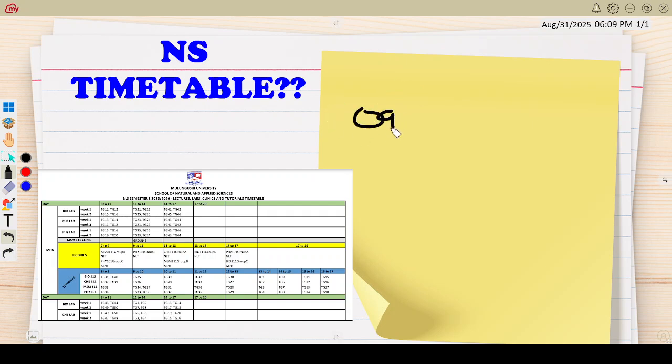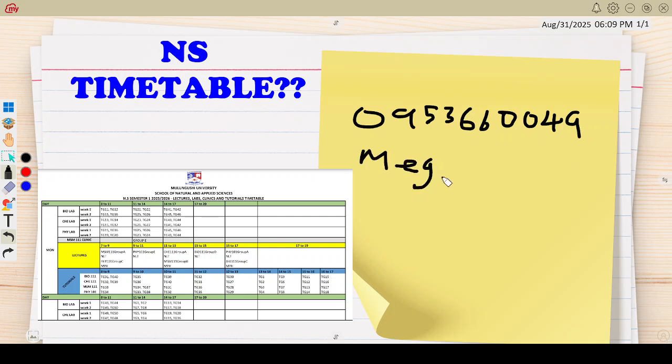If you want help with making a simplified timetable, you just make it. Oh, by the way, I won't charge you. People at Mulungushi love money so much, but I can't charge you for this.